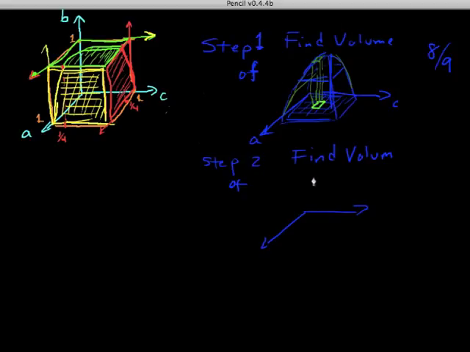It's hopefully floating in space, and I projected it down here for a reason. We find the volume of this cap, and I'm going to call that V for the cap.